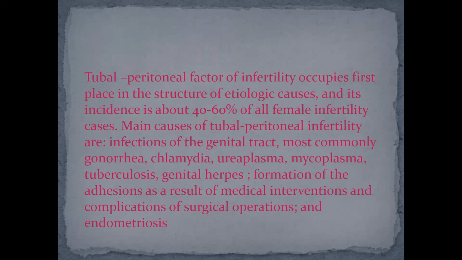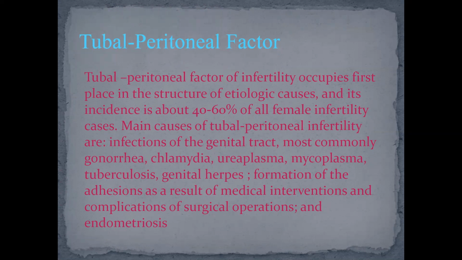Let's discuss female infertility. What are the main causes of female infertility? It is accounted for about 20% of causes of female infertility, and one of the main causes is the tubal peritoneal factor.